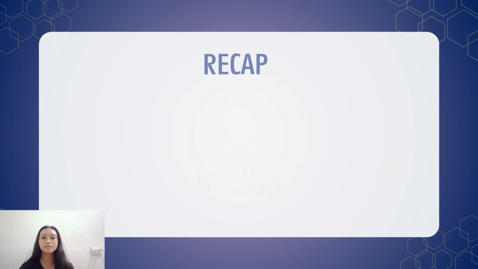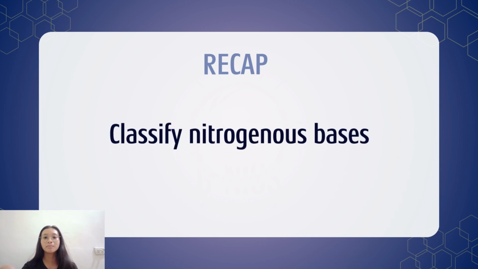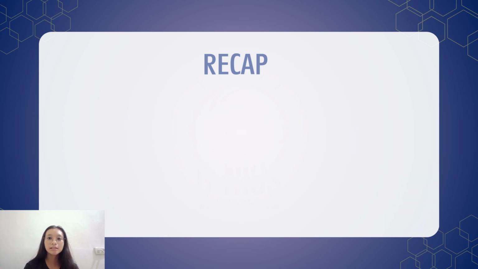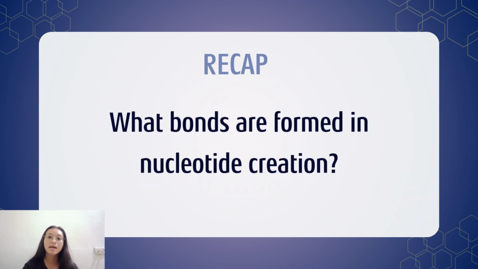Next question. What's the difference between your purines and your pyrimidines? Your purines have a double ring structure, that is your adenine and your guanine, while your pyrimidines only have a single ring structure, and these are your cytosine, thymine, and your uracil. Next question. What type of bonds connect nucleotide components?